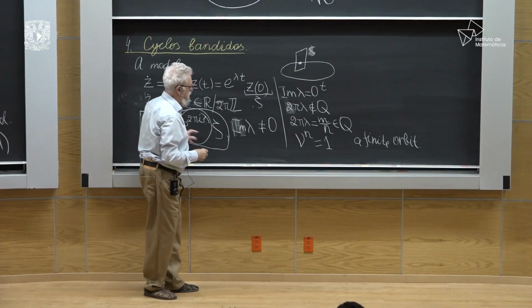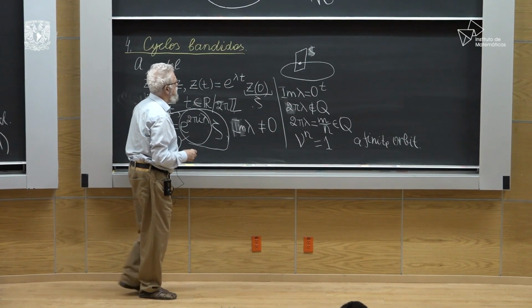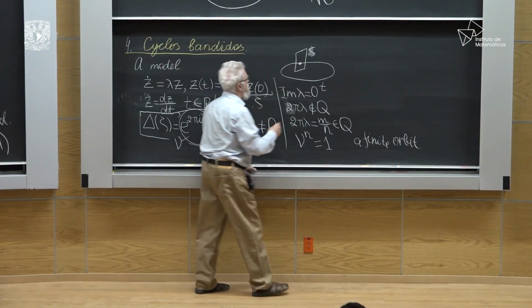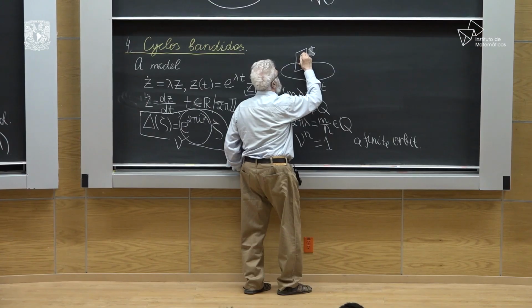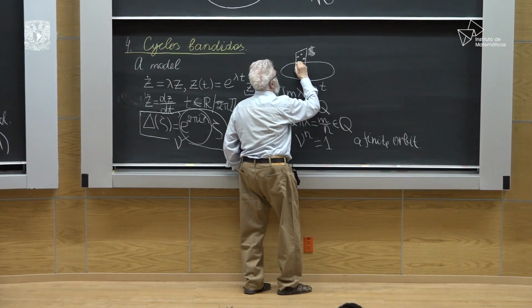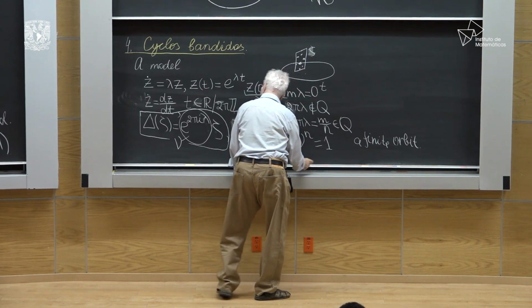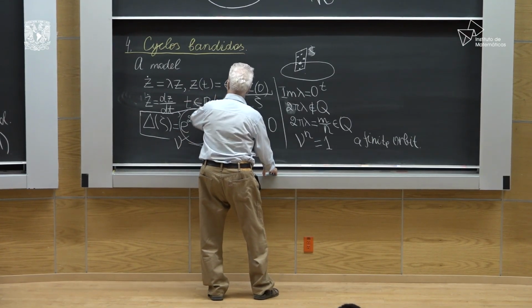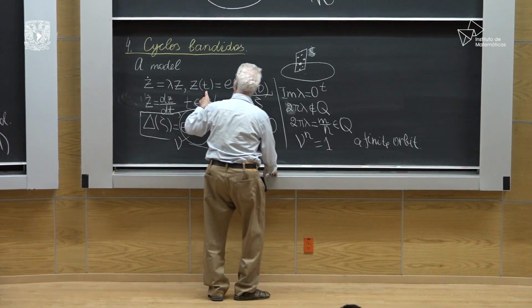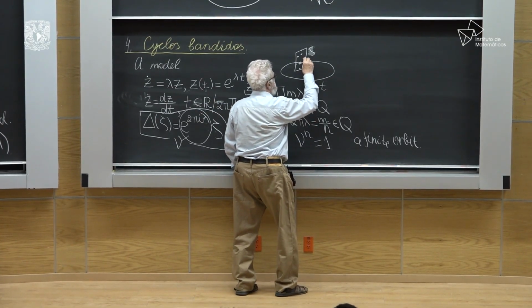We have this linear Poincaré map, and the orbit of the Poincaré map is finite, say a regular hexagon, and the graph of the solution over the T circle will be like this.